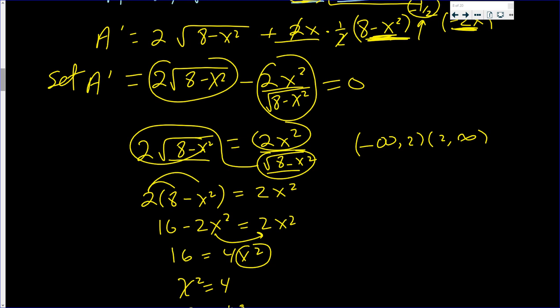Now, if x... The thing that puzzles me is that both of these terms don't care if x is positive or negative.